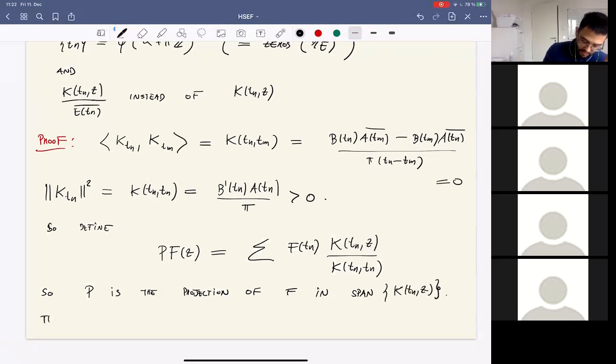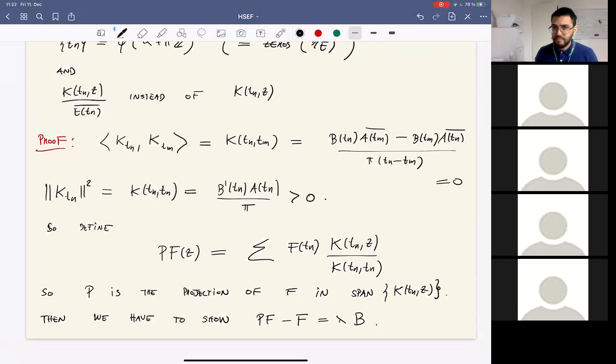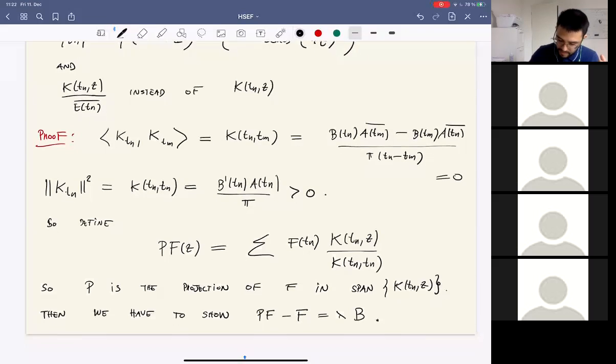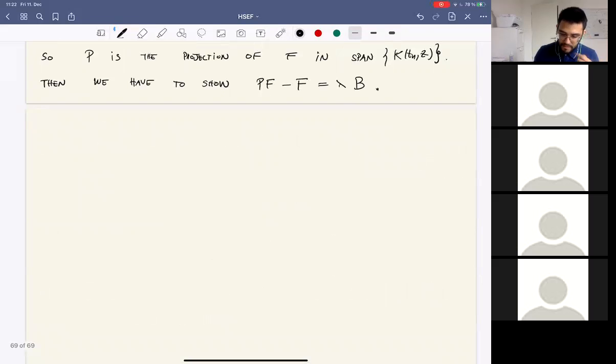So then we have to show that P of F minus F is always some lambda times the function B. Okay, so if the function B is not in the space, the lambda would be identically 0, then P of F equals F. If B is in the space, then it is what it is.